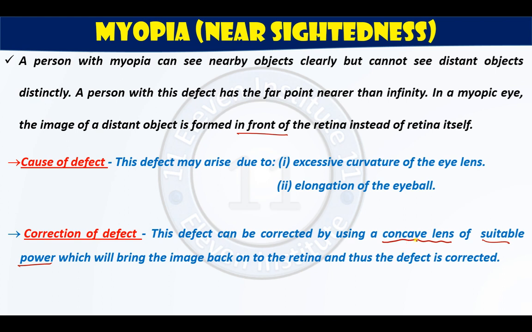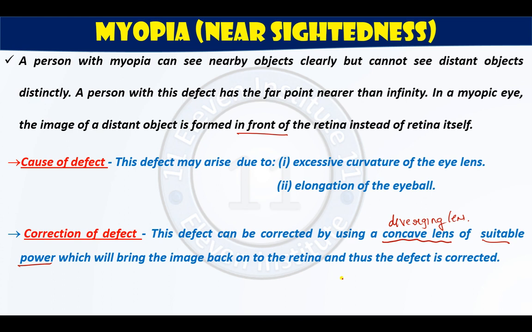To use a concave lens, or it can be asked in other manner also, and we have to remember that it can be corrected by using a diverging lens. Fine. I hope this is clear to you. In case if this is still not clear, don't worry, everything will be clear to you by the end of this video lecture. So this is the first defect of vision that we have seen.